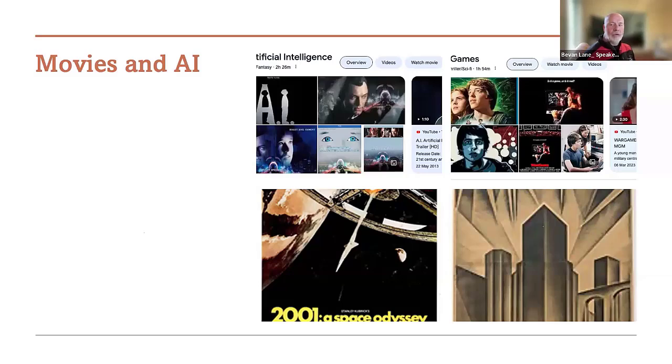And War Games and 2001 are two case studies where the computers take over. The one tries to start the nuclear war, and the other one actually tries to take over a spaceship and stop people from escaping. So they're all really interesting case studies to have in mind about where it could go. And for years, we've been scared.